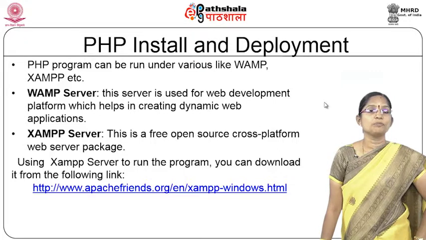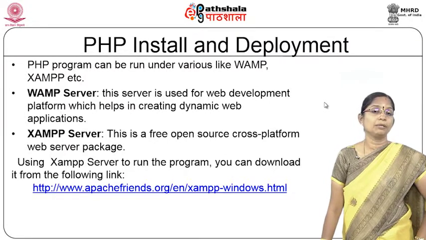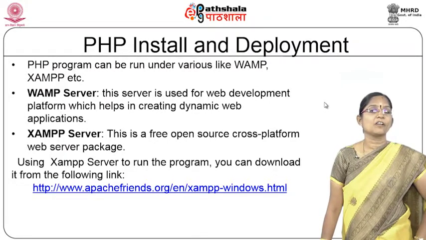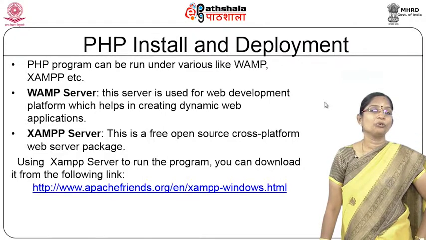So the PHP program can be run under various servers like WAMP server, XAMPP server, etc. Now let us see what this WAMP server and XAMPP server are. WAMP server is used for web development, which helps in creating dynamic web applications. So whenever we want to create a web application, we have to seek the help of this WAMP server.